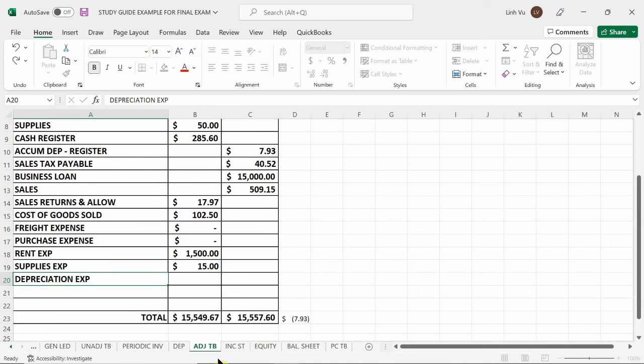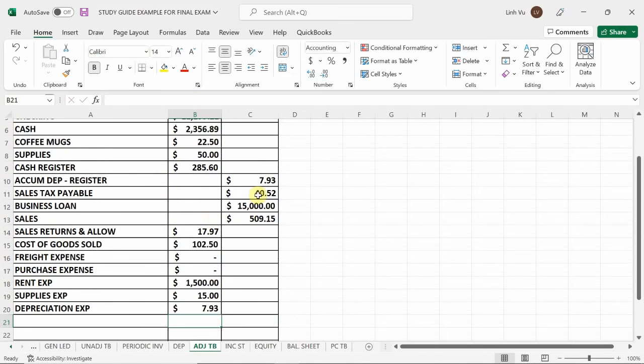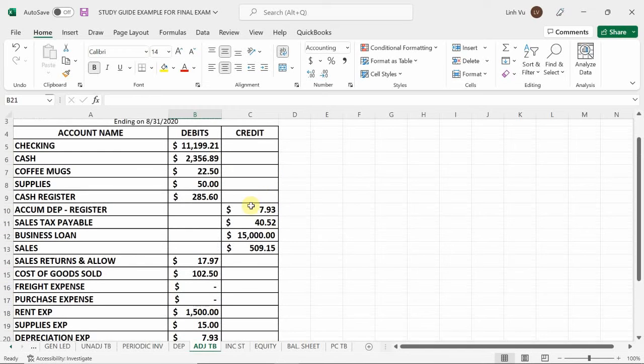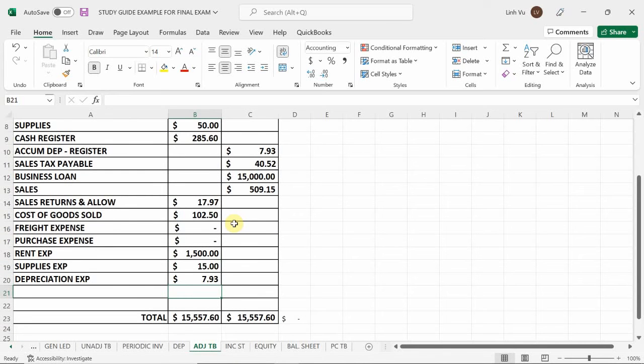And guess what? I evened out at $15,557.60. All I really did here was add this accumulated depreciation and transfer from one account to another. In this case, I panned out evenly, so I can now proceed to my income statement.